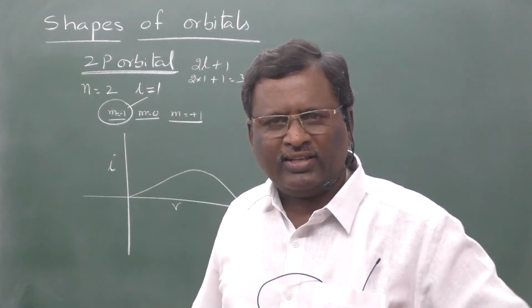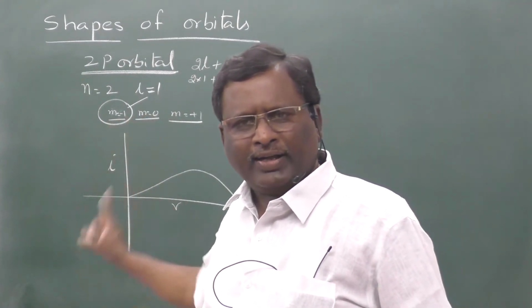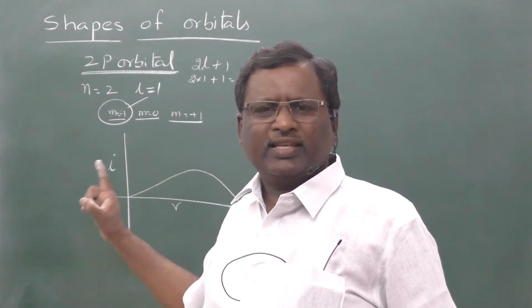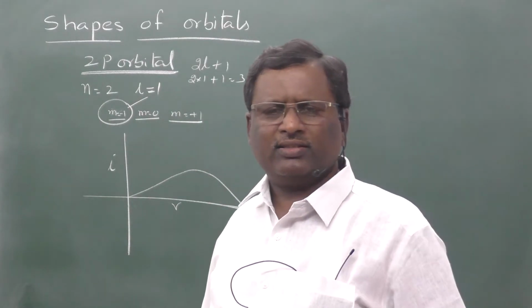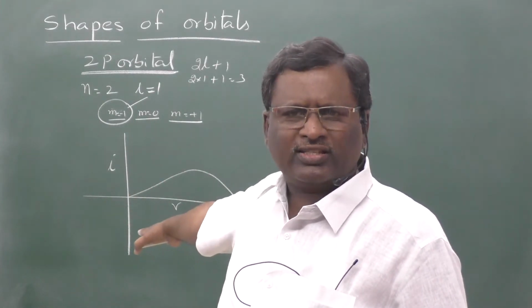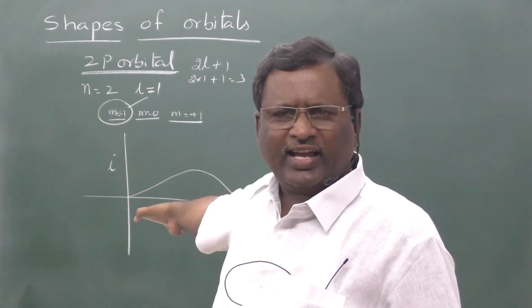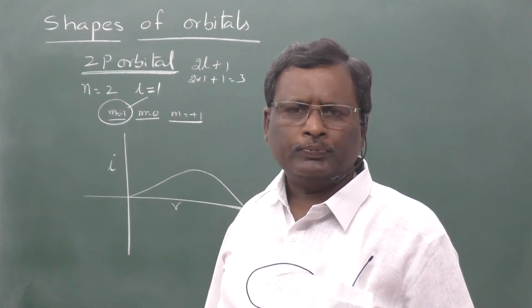In the case of 1s, 2s, 3s and 4s, the same type of graph for a particular electron is observed along x-axis, along y-axis and along z-axis. But in this case, only along x-axis I found this graph, and in y and z-axis the probability is almost 0.